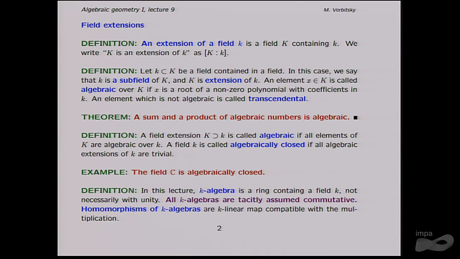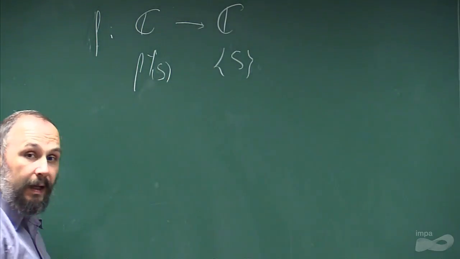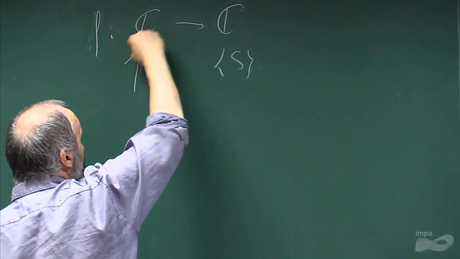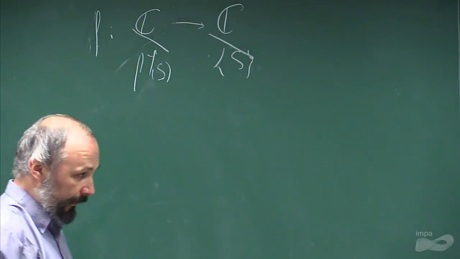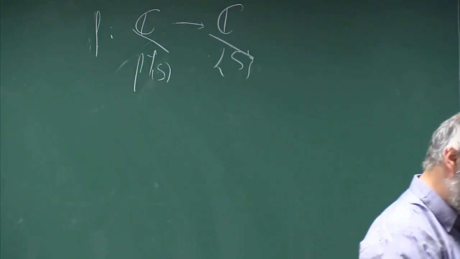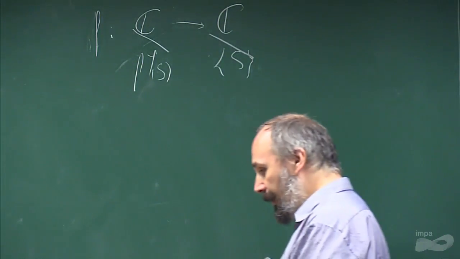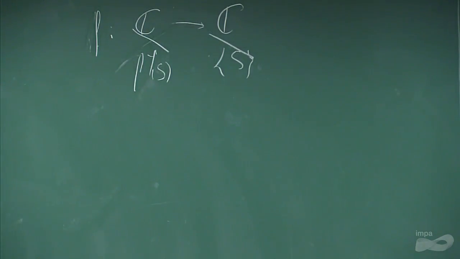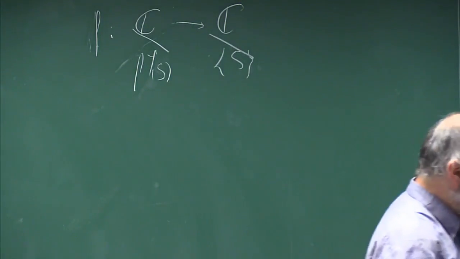But outside of these critical values, you remove the critical set S, you remove F^{-1}(S), then it is a covering. For the simple reason that every polynomial has precisely n roots if its degree is n, and these roots, as long as they're distinct, smoothly depend on the coefficients of the polynomial.